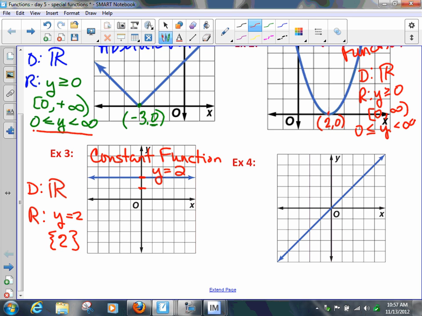If I were to plot every single point on that line, it would be -3, 2, -2, 2, -1, 2, 0, 2, 1, 2, 2, 2. And I could go on and on and on. And how annoying would that be? Be fun for me, not for you. Constant function, okay? What about example 4? Clearly linear.